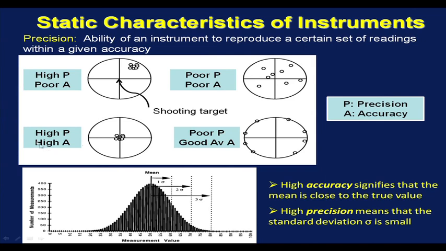Let us consider a person doing shooting practice. The person has a few bullets in hand, in fact 8 in number, and the shooting target is this point, which is the intersection of these two lines.